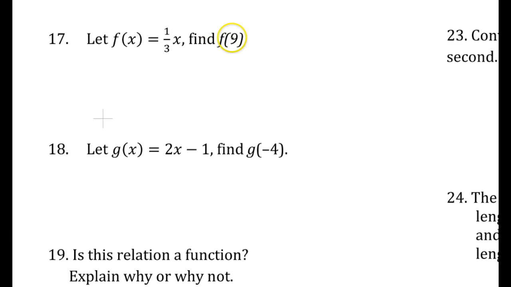And find f of 9, which means, kind of like the domain problem, plug in 9 into here. So, proper way of writing this out would be plugging in 9. So, what is 1/3 times 9?